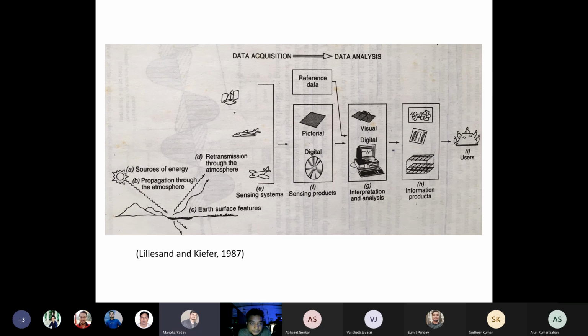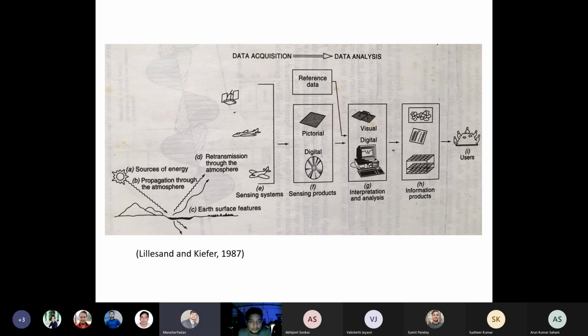In the Friday discussion, I already summarized the differences between the airborne platform and the satellite-based platform, and why we prefer the satellite-based platform over the airborne platform. The reason is very clear. If we want to collect images using an airborne platform, you need to plan the flight survey, fly that particular aircraft and collect the images.